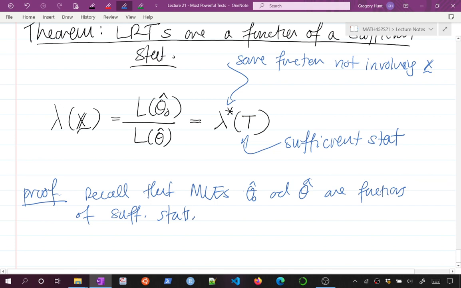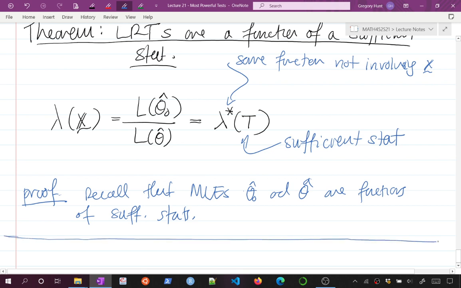So we claimed before that MLEs are functions of sufficient statistics, and the likelihood ratio test statistic lambda is a function of MLEs, therefore, transitively, the likelihood ratio test statistic is a function of the sufficient statistics also. So that's the sketch of the proof.